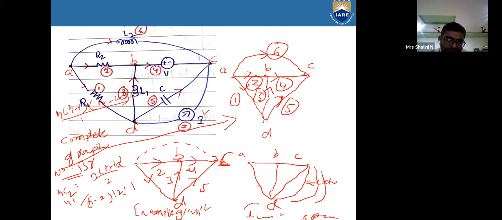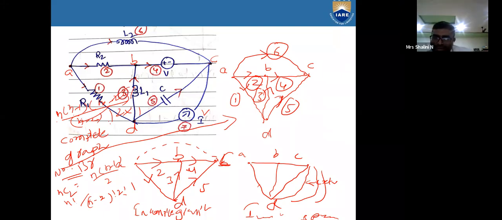The n minus 2 factorial cancels with the denominator, and 2 factorial is 2 into 1. So we get n into n minus 1 by 2. That is the number of branches in a complete graph.